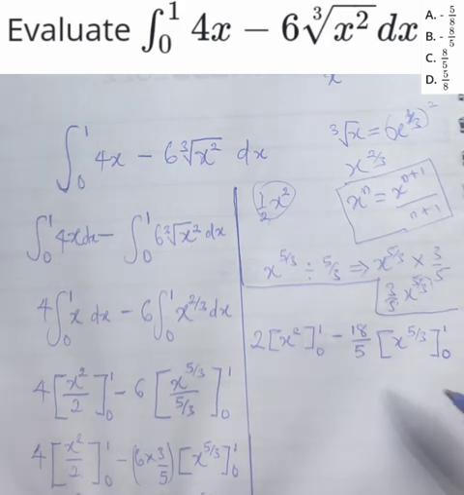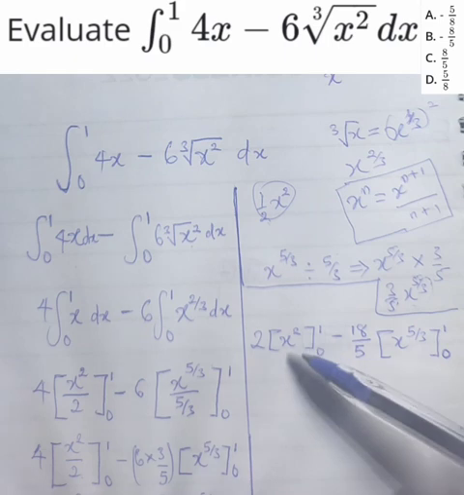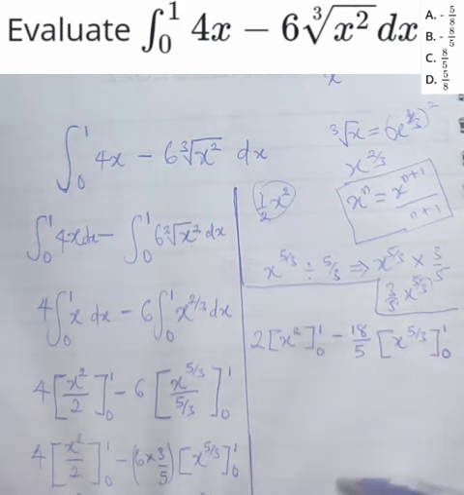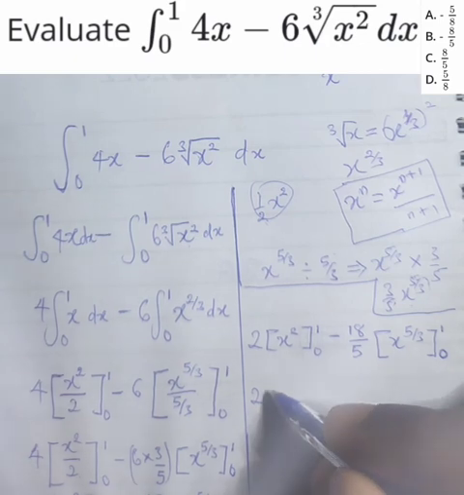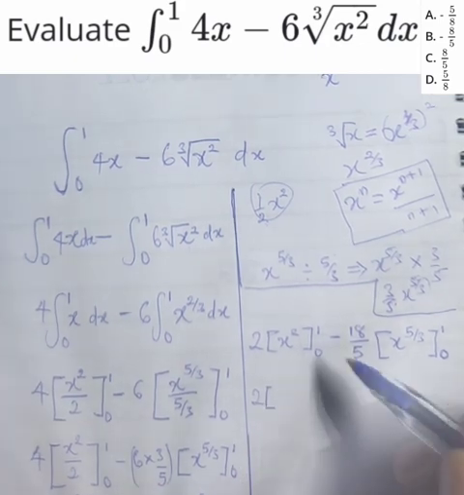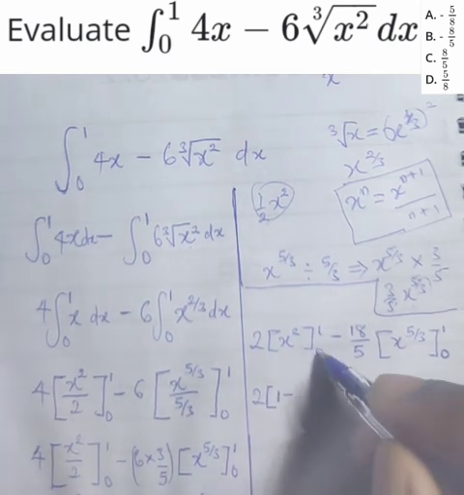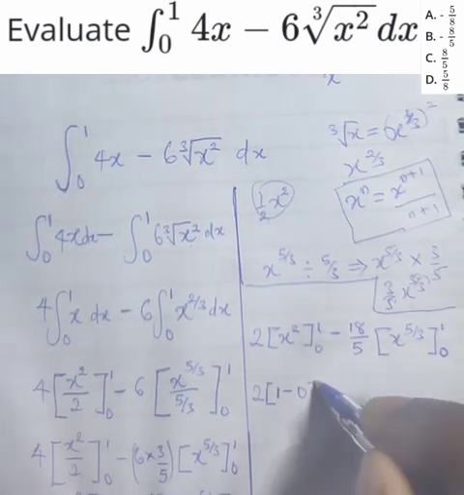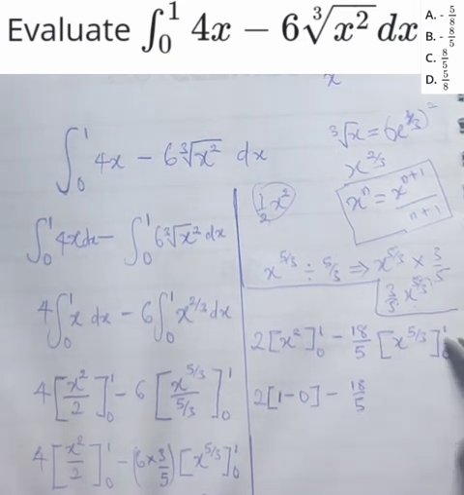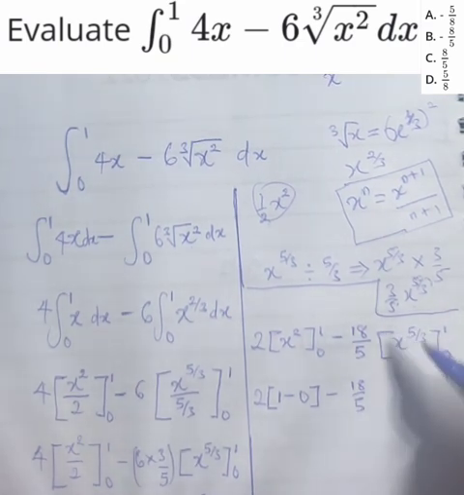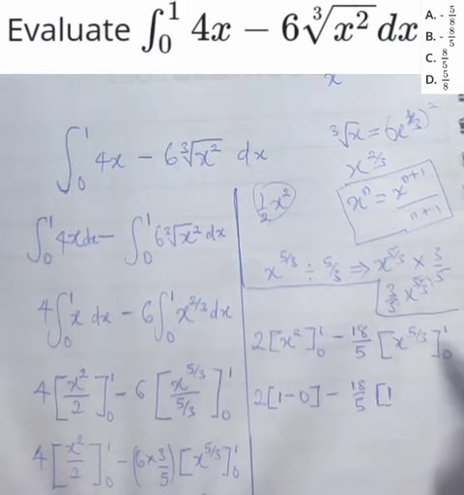So at this point, since we are just left with the x terms inside, like the terms with only x, we can now apply our boundary conditions. So we have 2, open your brackets, 1 squared is 1, minus 0 squared is 0, minus 18 over 5, 1 to the power 5 over 3 is 1, and 0 to the power 5 over 3 is 0.